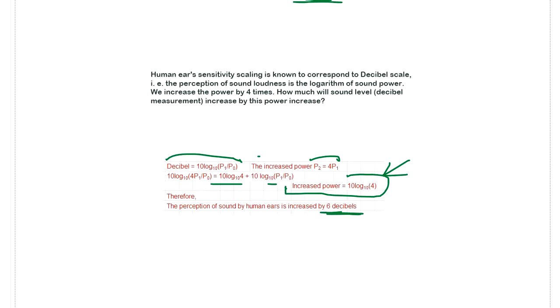In logarithmic functions, the independent variable can change a great amount, but the resulting dependent variable changes moderately. Okay, and exponential function is the opposite. Okay, so that's all about logarithmic function.